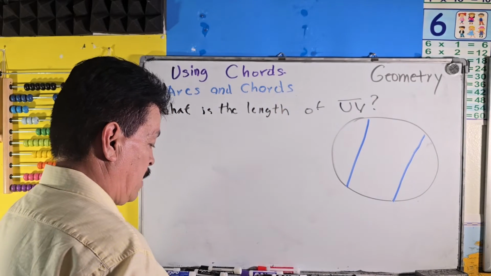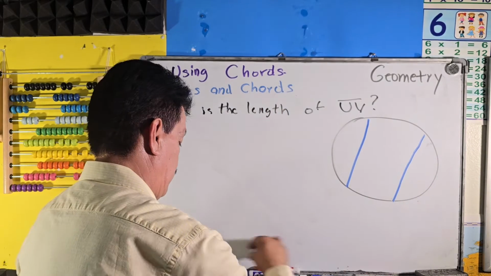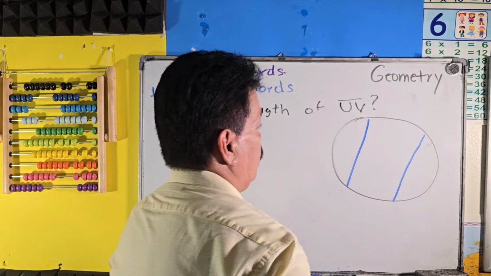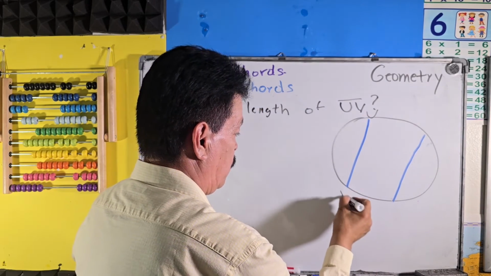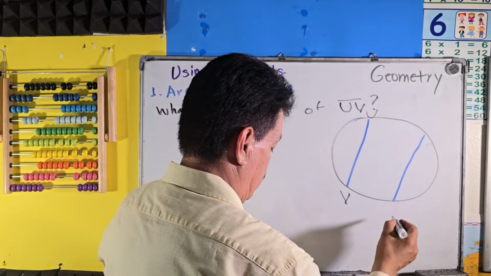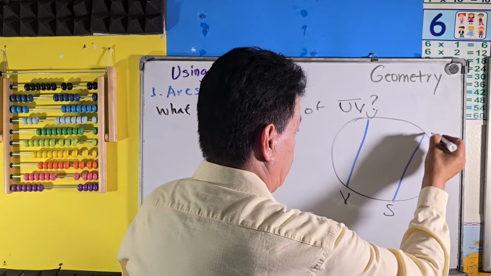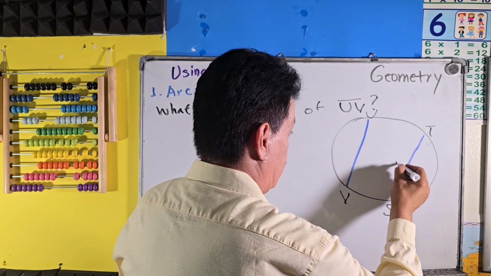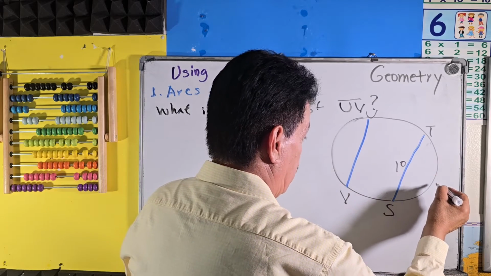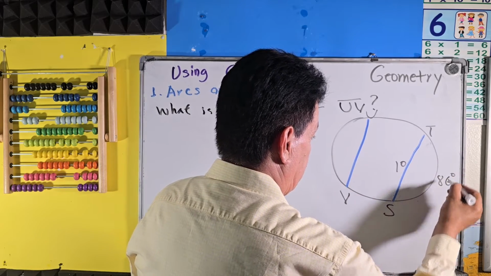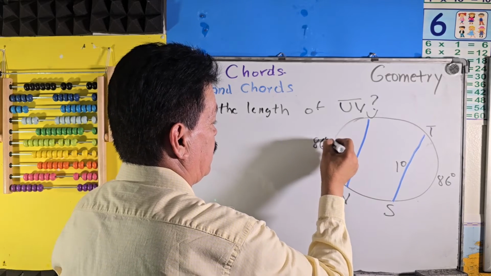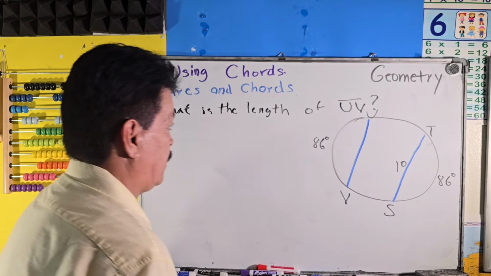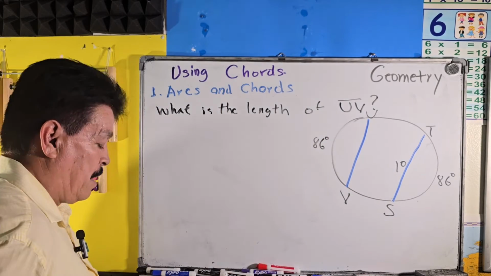Let's write this is U, this is V. This is S and this is T. And this line equals 10, and then 86 degrees right here. Okay, that's our problem.